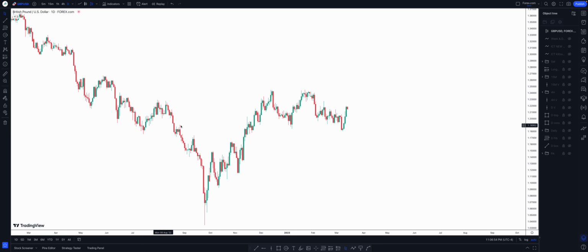Yeah, so on the daily time frame, you can see we are making a series of lower highs and lower lows here. We made a low and then we made a high, higher than this one, so we call this a high. And since 7th February, we've been consolidating until around 7th of March.